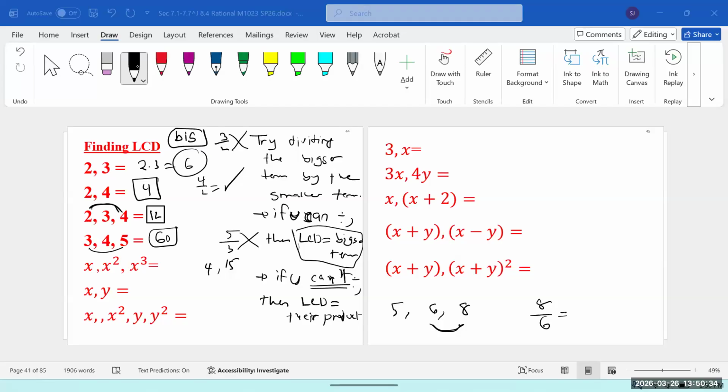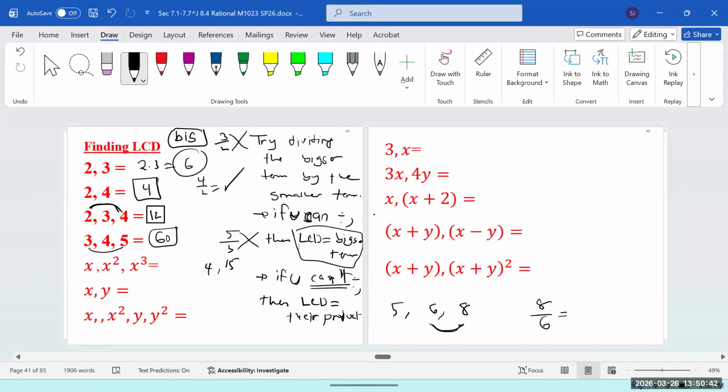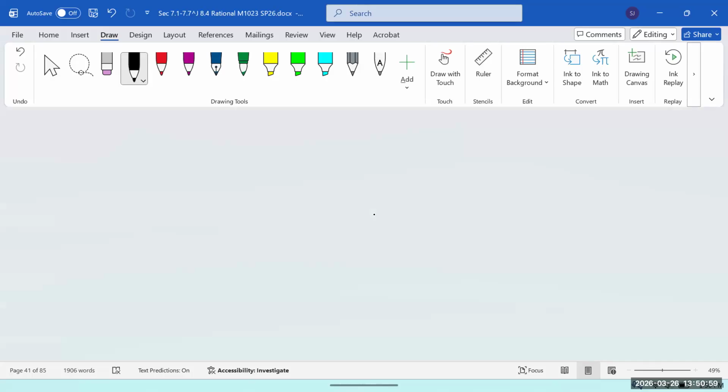3 times 4 is 12. It doesn't work. No, simplifying doesn't work. But for 8 and 6, the lowest common multiple is 24. The LCD is 24, but if you multiply 8 and 6, you get 48.